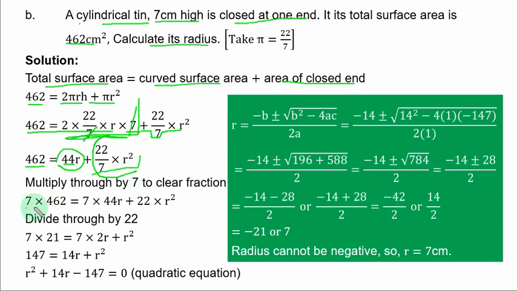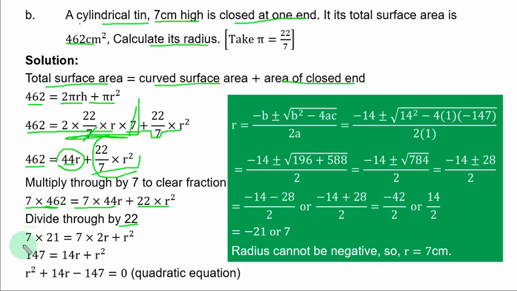So you have 7 times 462 equal to 7 times 44r plus 7 will remove 7, and you have 22 times r squared. It is clear that 22 is common. To reduce the coefficient, divide through by 22. Divide 462 by 22, you have 21.